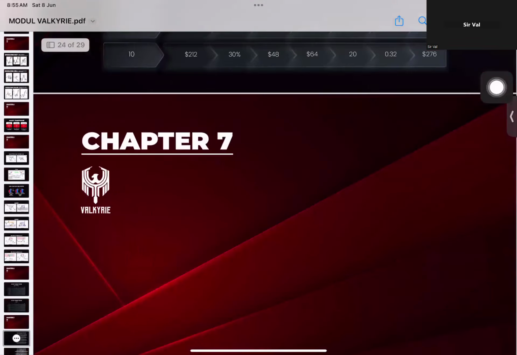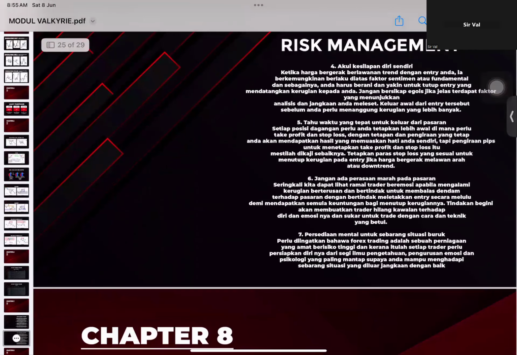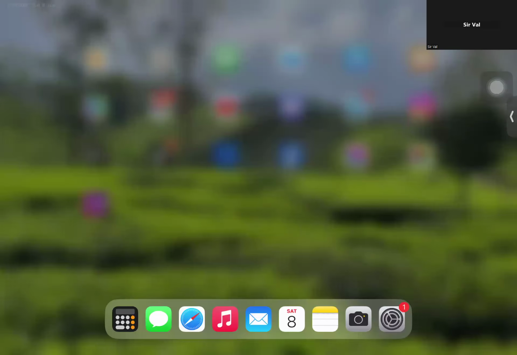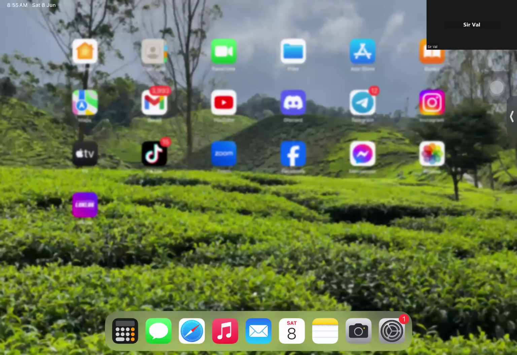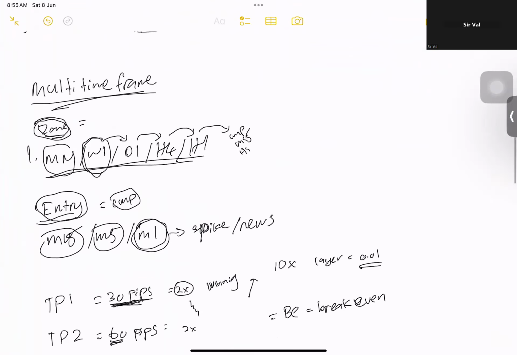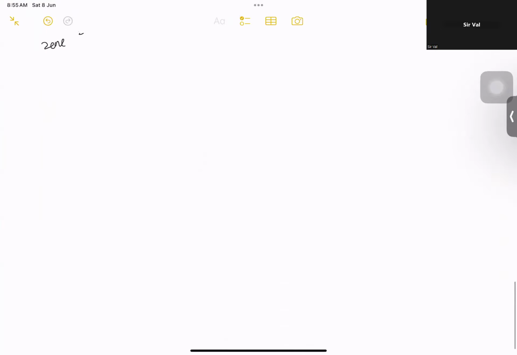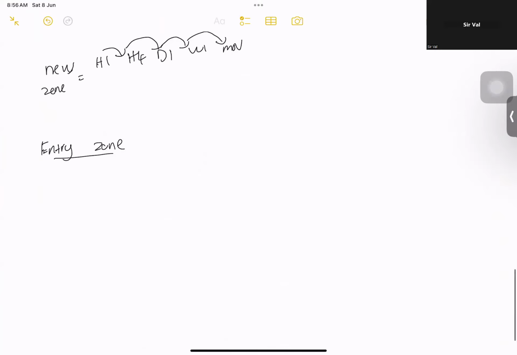Okay, so risk management just depends on you. You need to calculate the zone for entry. Multi-time frame can also be shared. For the entry zone, I will enter only if the zone is 5 pips to 20 pips.